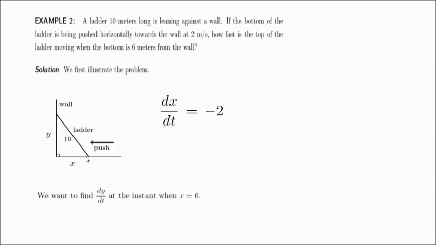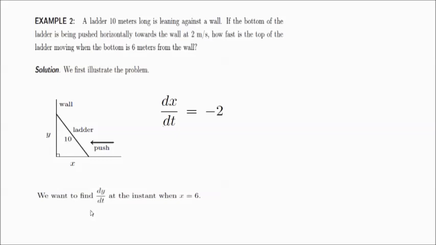Ibig sabihin, umiikli din si x dito. Ngayon, given yung rate of change ng x, which is -2 meters per second, class. Ngayon, bakit siya negative? Kasi nga, imagine niyo kapag pinush mo ito, class, tataas si ladder. And iikli ito, di ba, yung length ng x. So therefore, kapag nagdi-decrease yung length, negative siya.